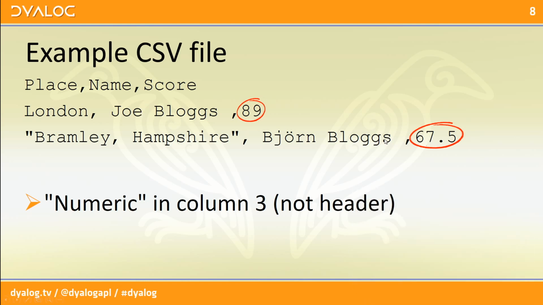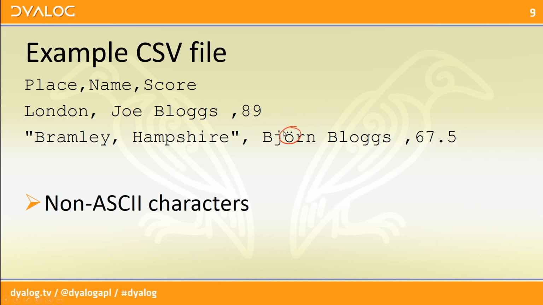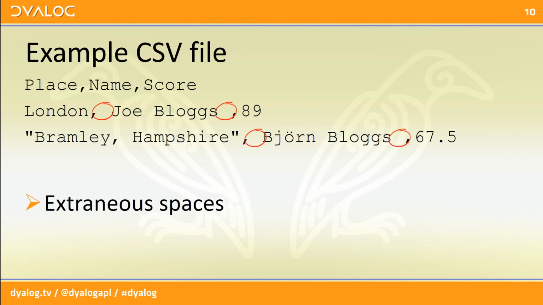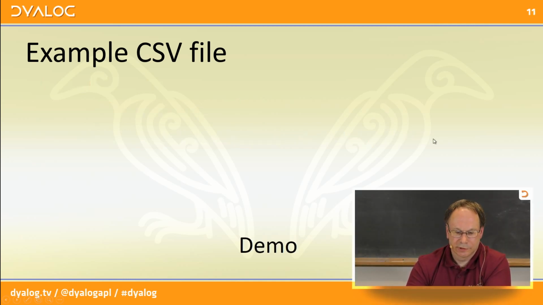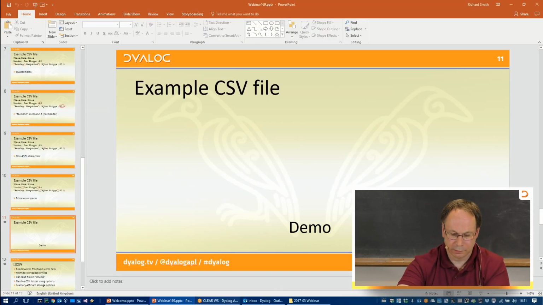They are in the second and third lines of the file, but not in the first, because the first line in this file is a header line which describes the columns below, and that's pretty much always character. There are some non-ASCII characters in this file, like that single O with a line above it, with an umlaut. I'm not quite sure what that's called. And there are some extraneous spaces in this file. It's interesting the way that different interpreters process those spaces at the beginning and end of fields. So there was the example. Let's go into a demo. So back to APL.